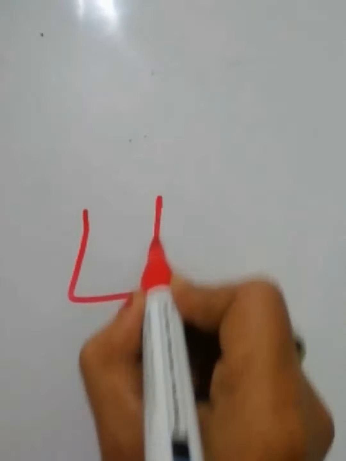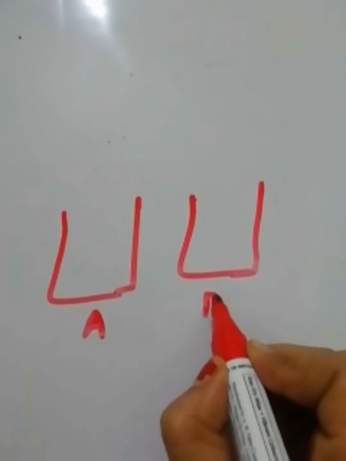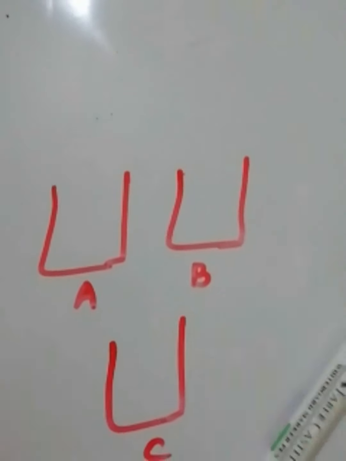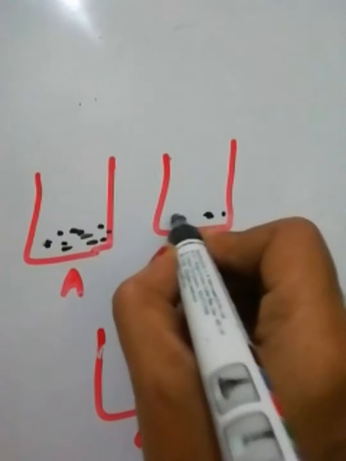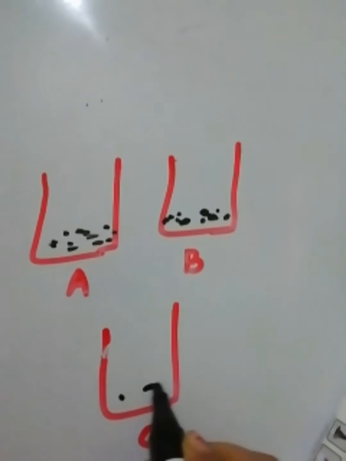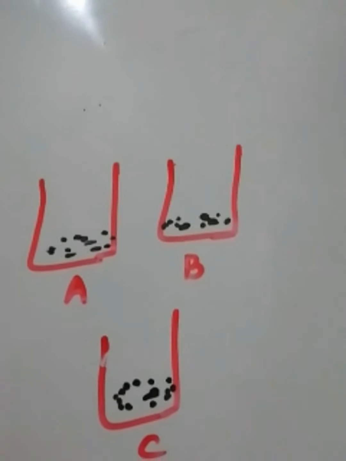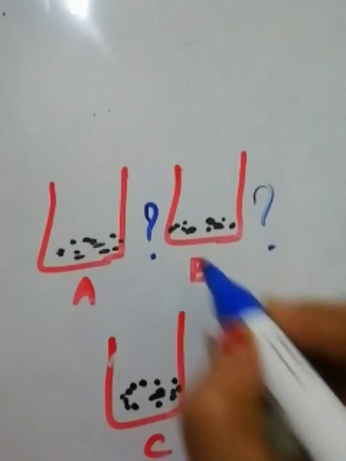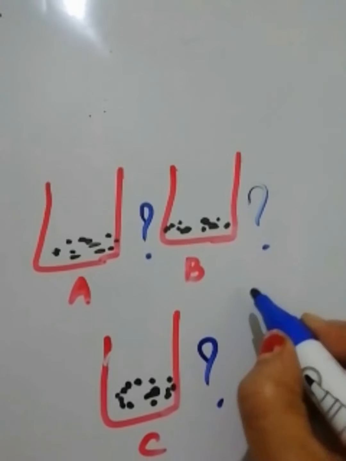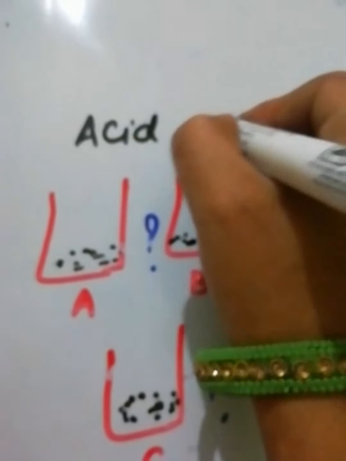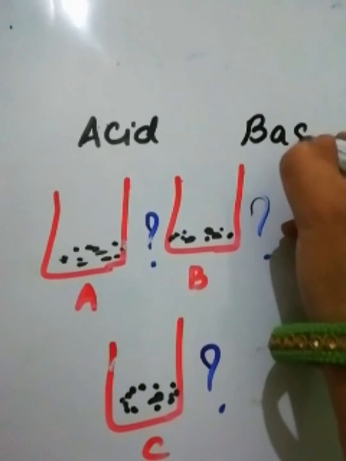Like if you get 3 beakers, A, B and C, and in all the beakers a liquid is there. How will you judge which container consists of acid and which consists of base?